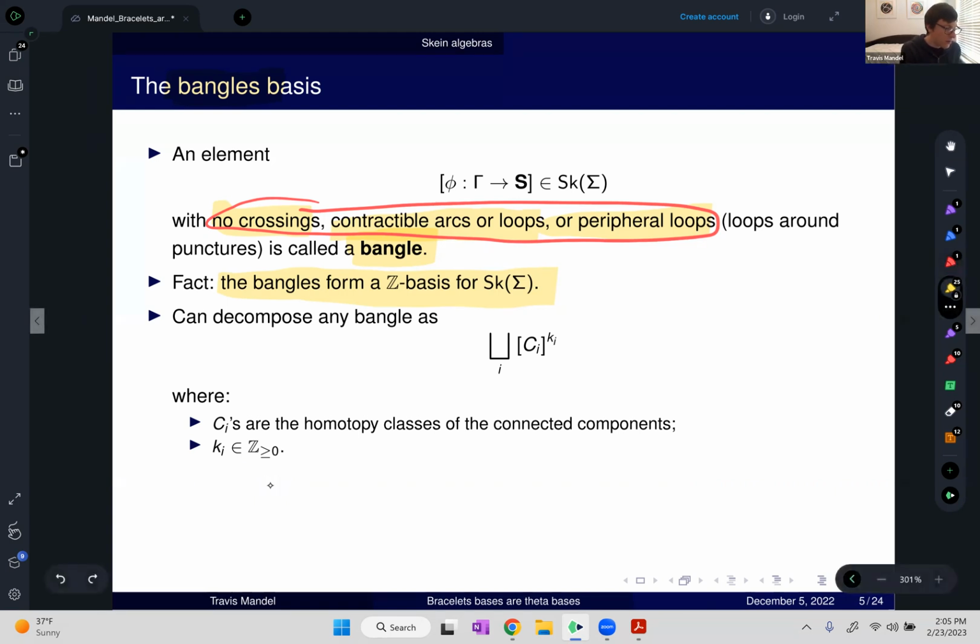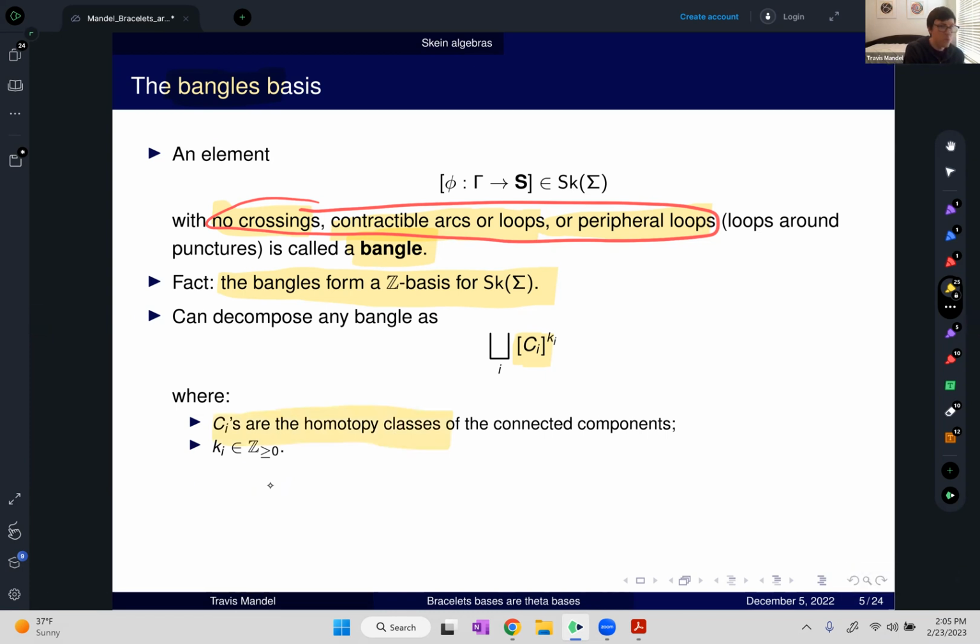Now any Bengel, notice we can write it like this. We can decompose it into the disjoint union of all the homotopy classes of its components. And I assume here that all the components Ci are distinct homotopy classes.